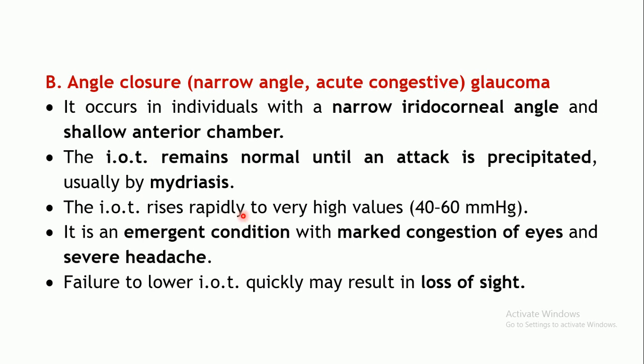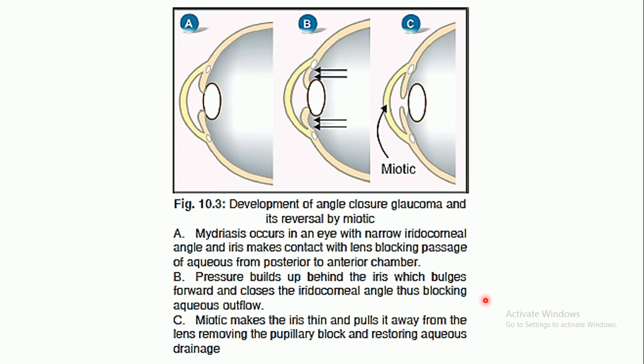It rises rapidly to very high values, as high as 40 to 60 mmHg. This is an emergency condition associated with marked congestion of the eyes and severe headache. If you do not control this situation quickly, it may even result in loss of sight. So it is an emergency situation whenever an attack is precipitated.